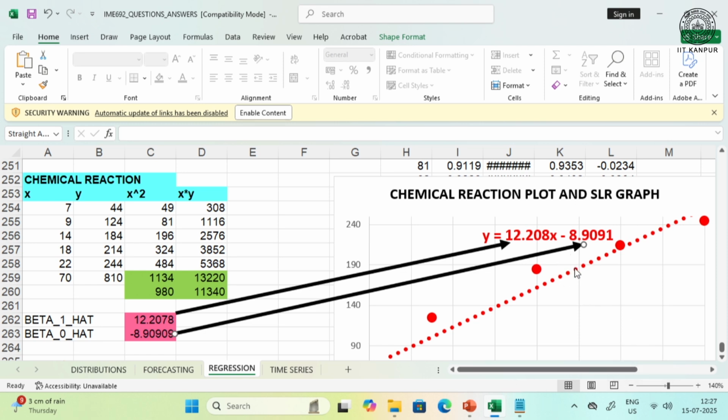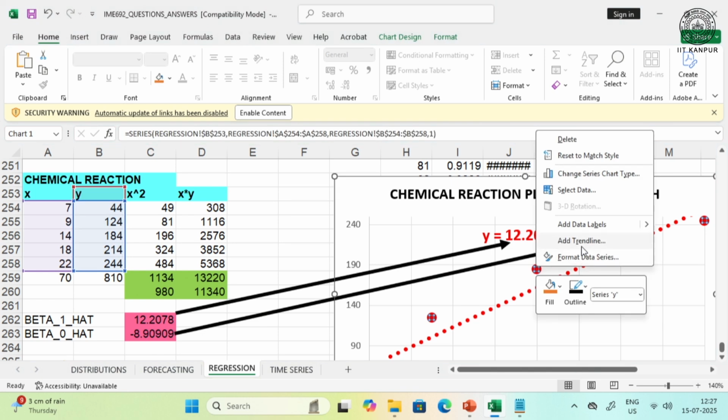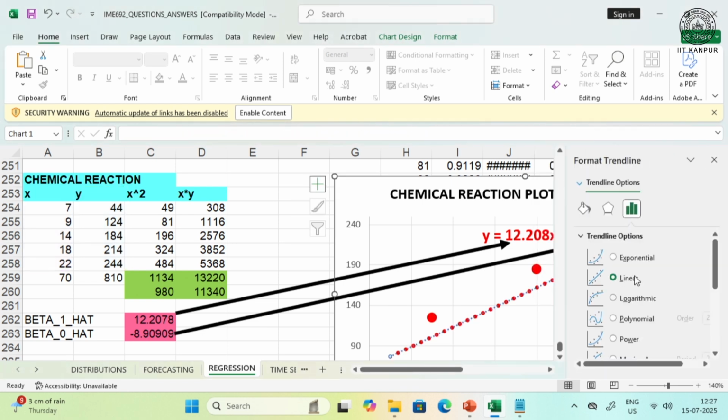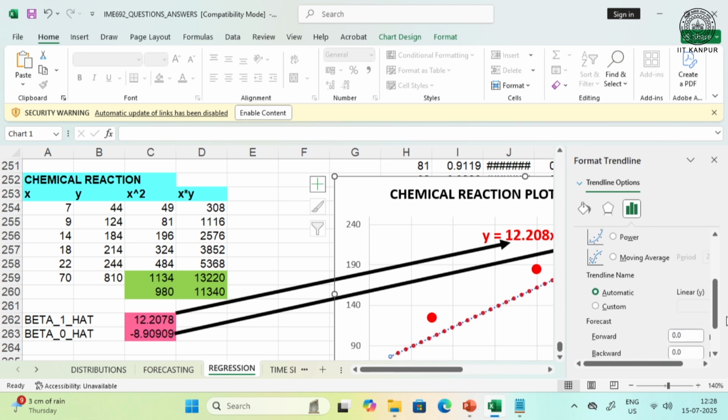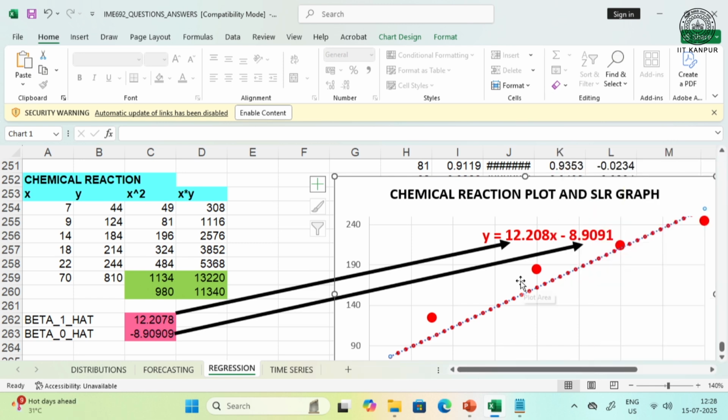Now another thing, maybe if you find out the trend line, there are many trend lines here: exponential, logarithmic, polynomial, power, moving average. This moving average concept we have already done, but I didn't use this in Excel because I wanted to go step by step and solve the problem. So if you use the latest Excel, once you are aware what is going on inside the Excel, be aware and then only utilize it.